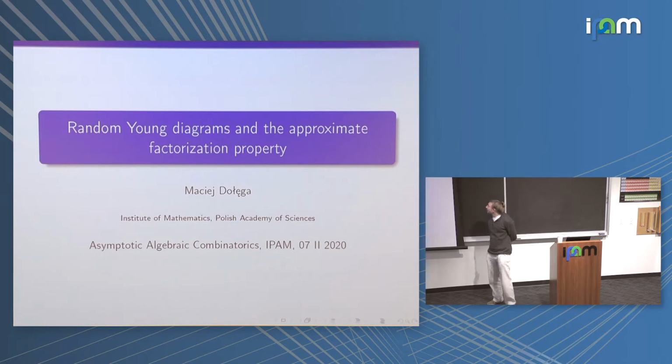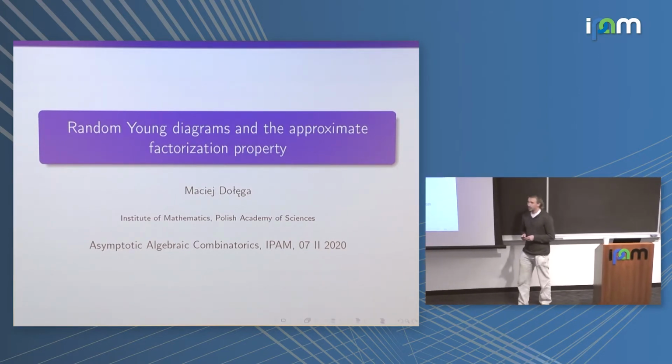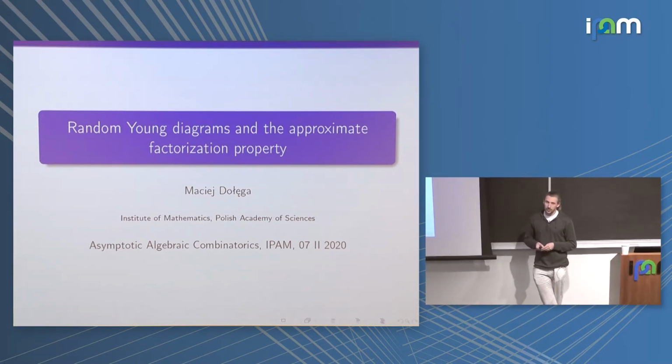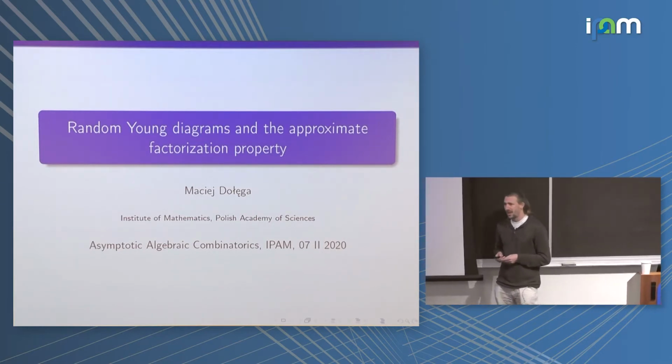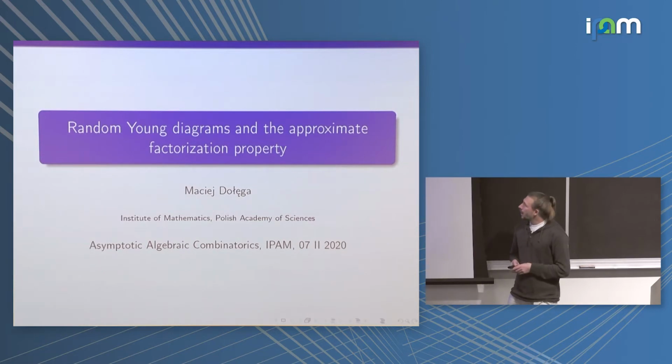All right, so in my talk, I'm going to talk a little bit about asymptotics. The first part of the talk is a relation between random Young diagrams and representation theory of the symmetric group. I'm going to tell you about a beautiful idea of Biane, who showed how characters of the symmetric group are strictly related with random Young diagrams, and how you can associate random Young diagrams with very nice asymptotic behavior.